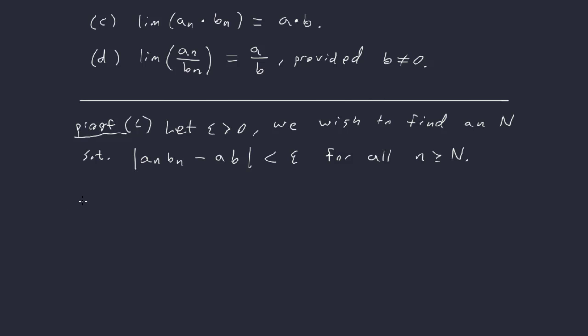So note that the absolute value of an bn minus ab is equal to the absolute value of an bn, and from here, I'm going to subtract, let's do a bn, and then add a bn on the inside, and then apply the triangle inequality.